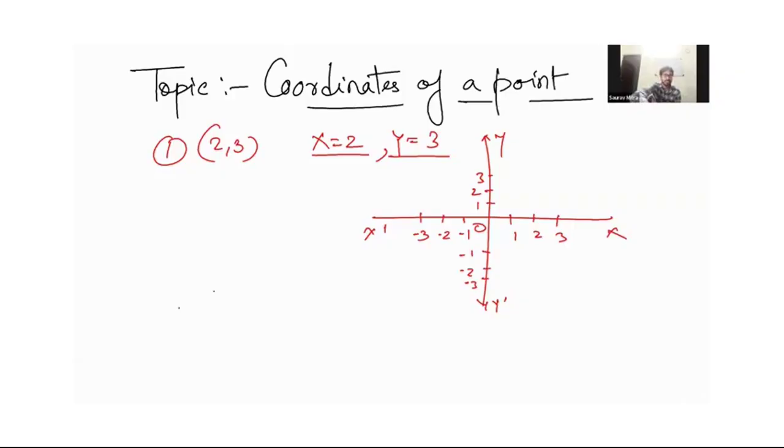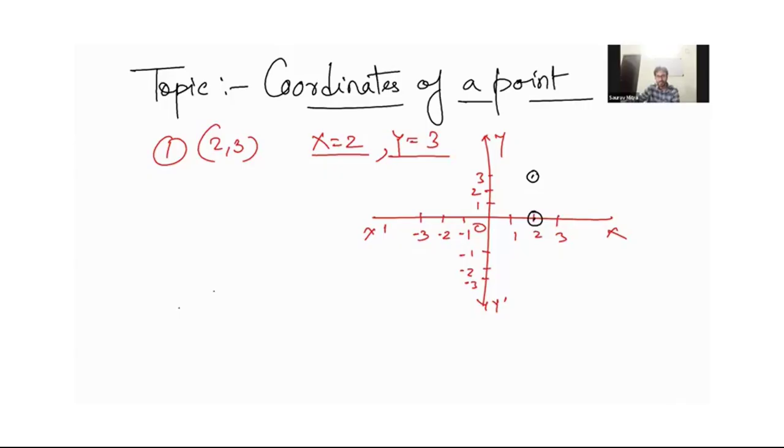Now first check for your x value. The x value here is 2, and your y value is 3. So first you have to move along your x value. Then from x, whatever they are saying about y, go to that distance. If it is +3, go upward. If it is -3, go downward.